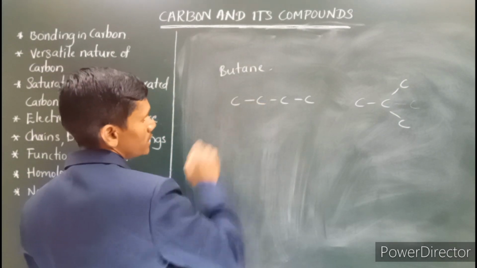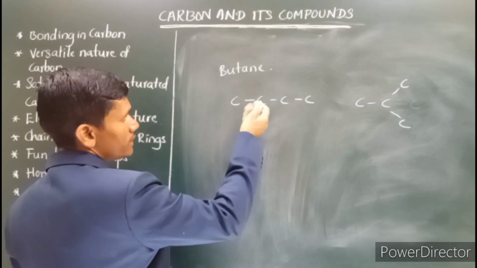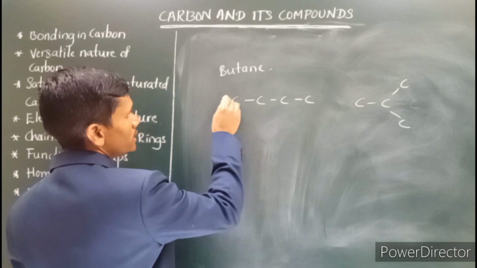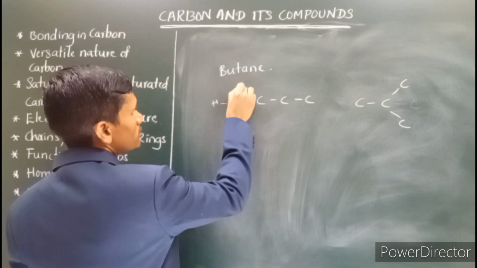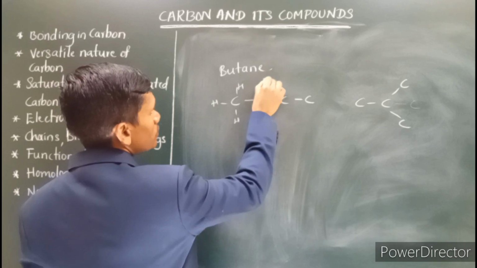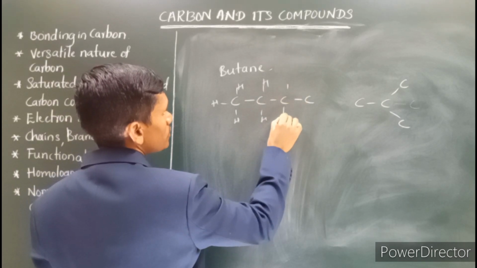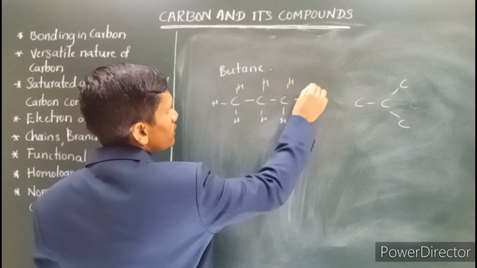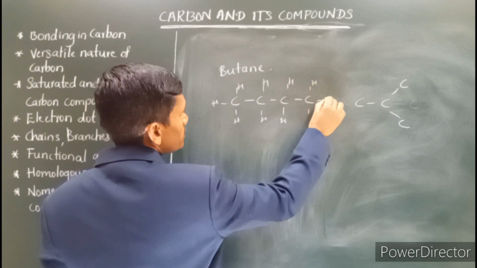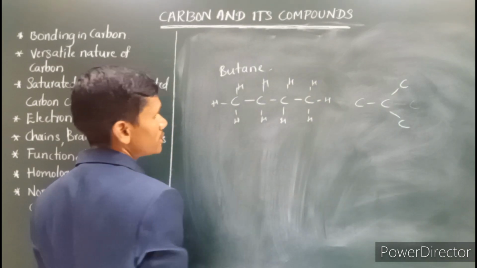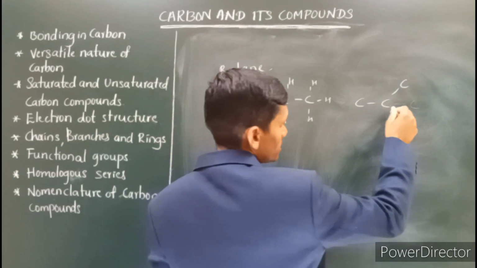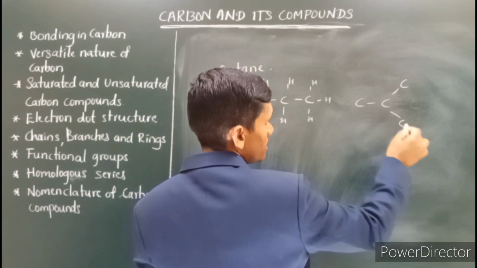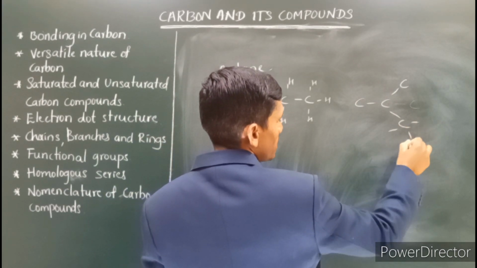Here this is a long chain. In order to satisfy the valency, for single bond, here 3 hydrogen you can give. Here for these two, and for this again 3 hydrogen, right? Here for this again hydrogens, single bond, you can give 3 hydrogen.